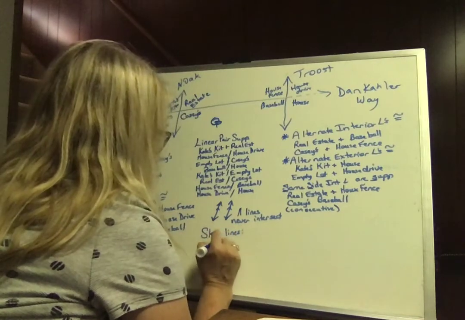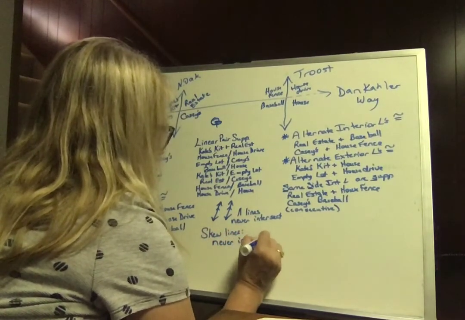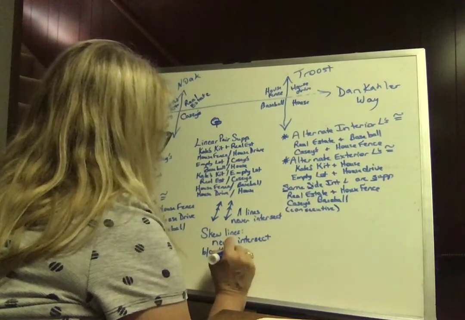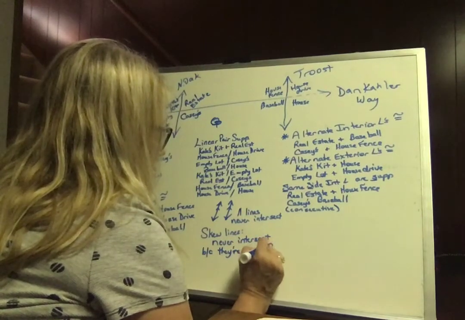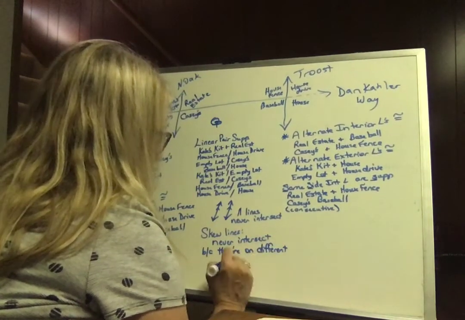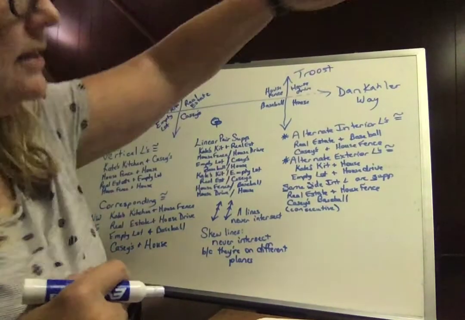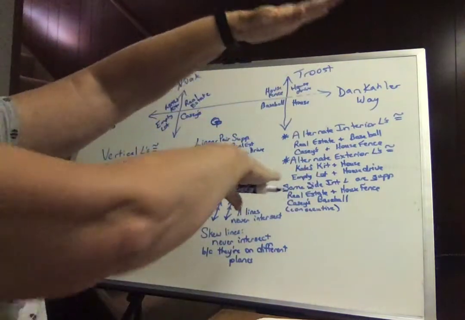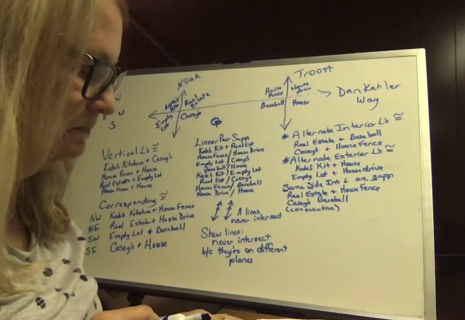They also never intersect because they are on different planes. They're on different planes or levels. Truly, you can think of planes. A plane going this way, a plane going underneath. They don't intersect, they don't crash, because they're on different levels.